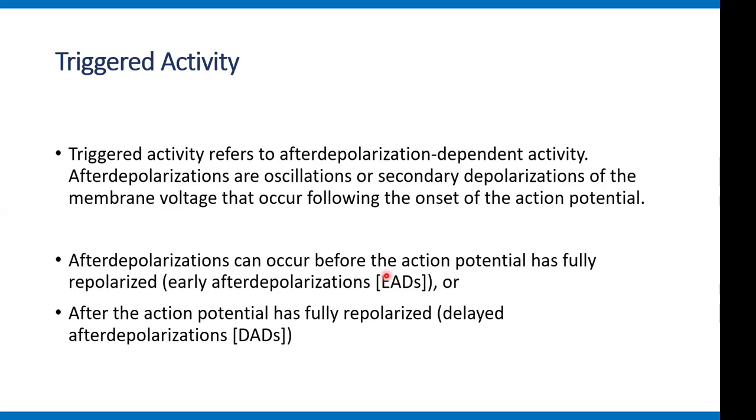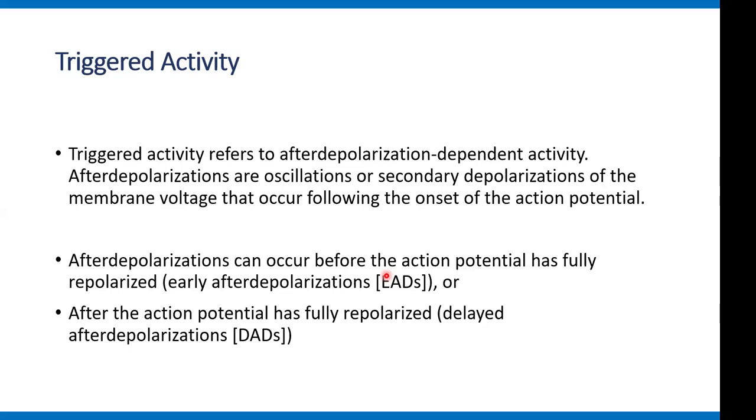So once it moves up towards positivity to a level, and remember we said some of the ion channels are recovering, then it can trigger an action potential. Like I said, it can occur before it gets to phase 4, or just when it's on phase 4, you can have the triggered activity occurring.